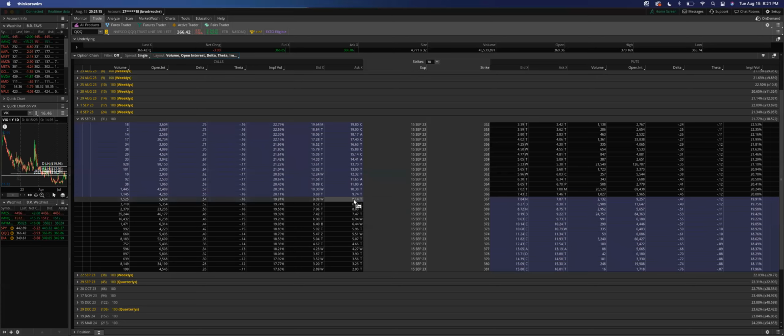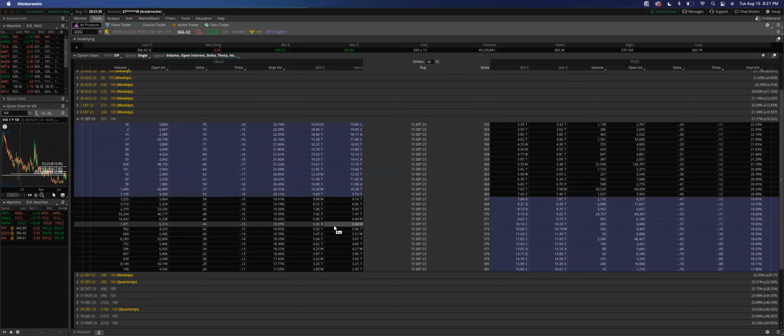What does that mean for us? That means any of these ones in dark or black are all premium, meaning they are all cost. Their cost is based on the value of time and the amount that it could possibly move.